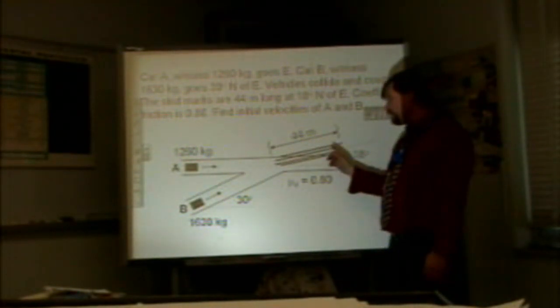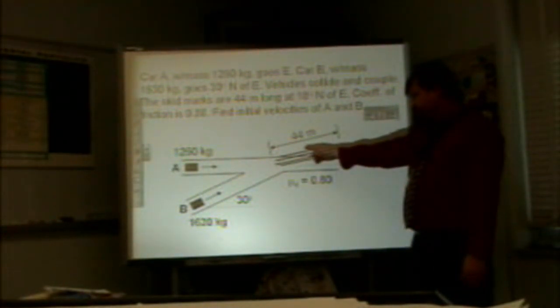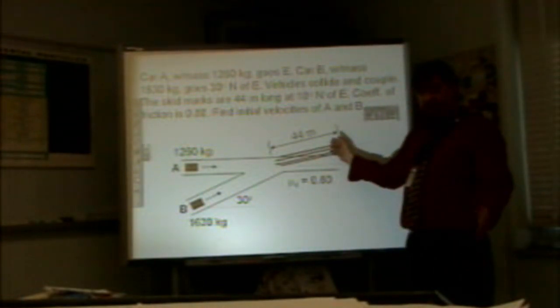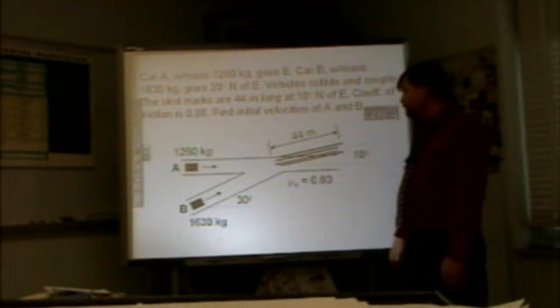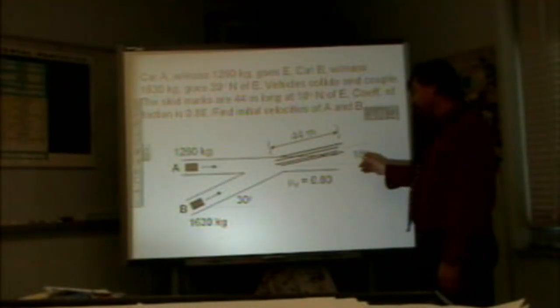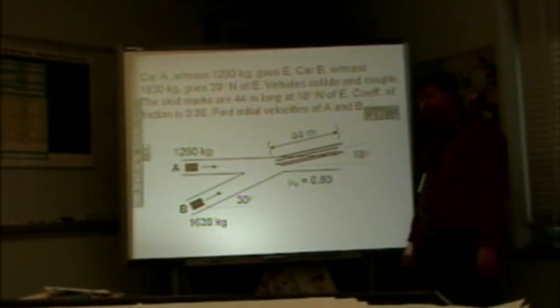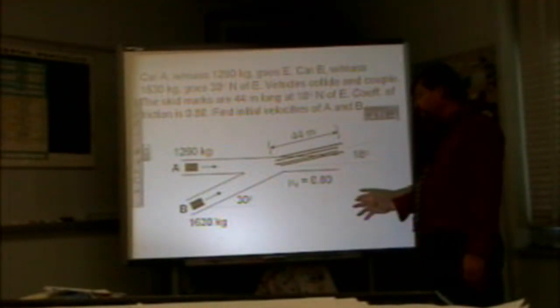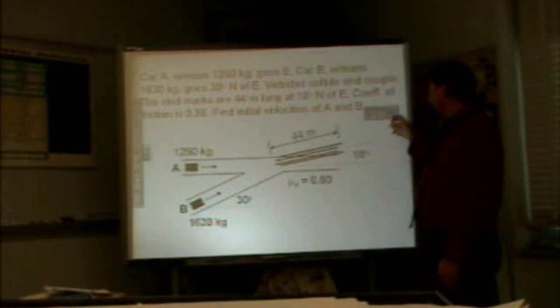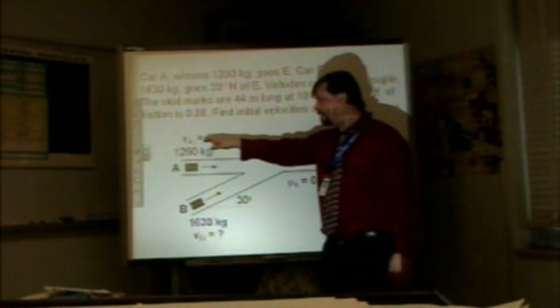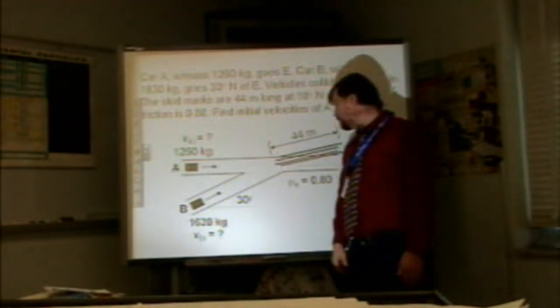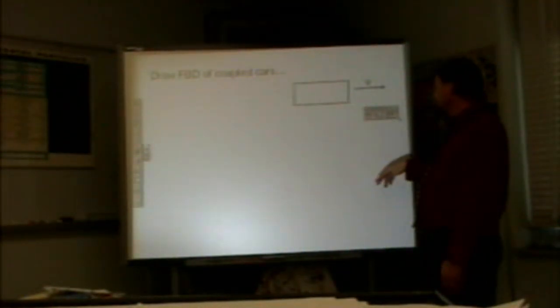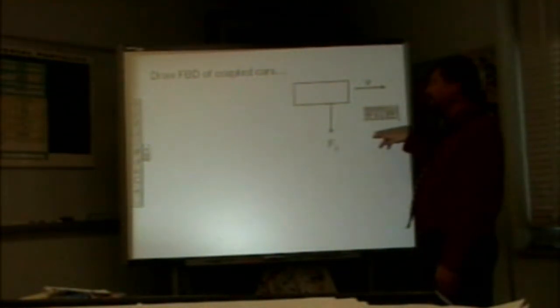When they smash into each other, their skid marks are 44 meters long, at 18 degrees north of east. Our kinetic coefficient of friction is 0.8. We're looking for the velocity of A initially, the velocity of B initially, and even the velocity afterwards.